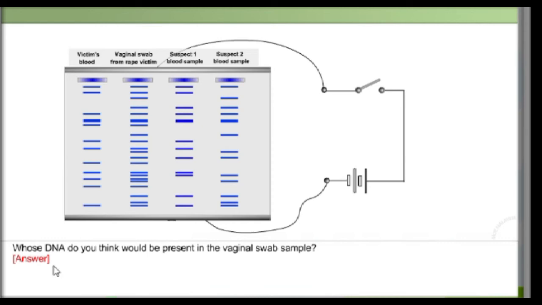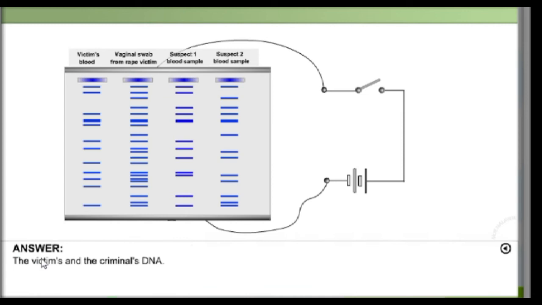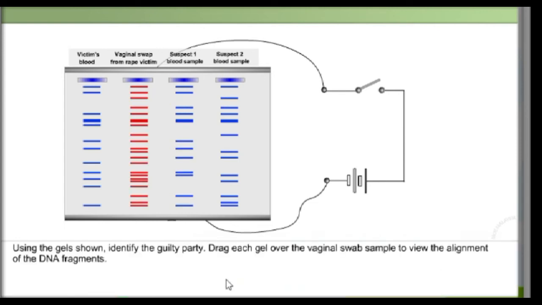So in the test we will match the pattern with the victim's.